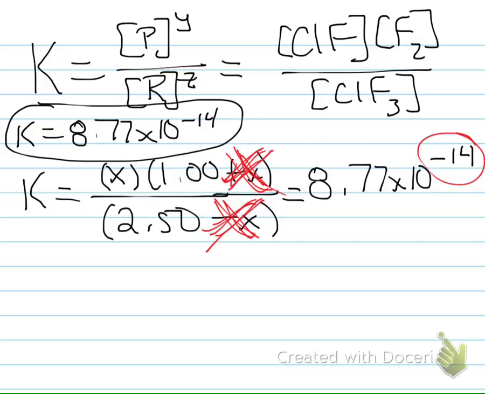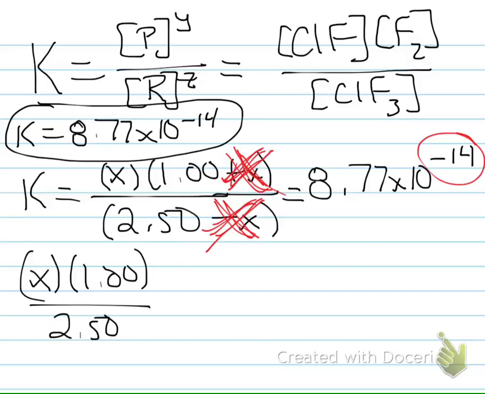And so we can rewrite this as x times 1 over 2.50 equals 8.77 times 10 to the negative 14th.